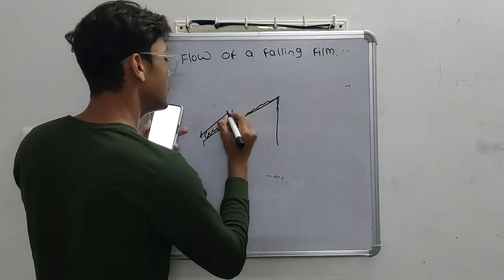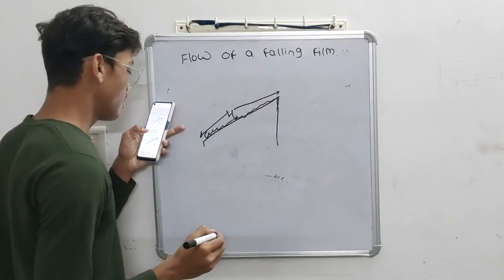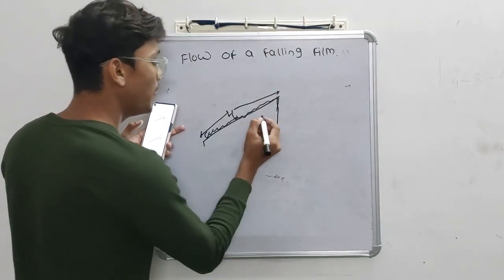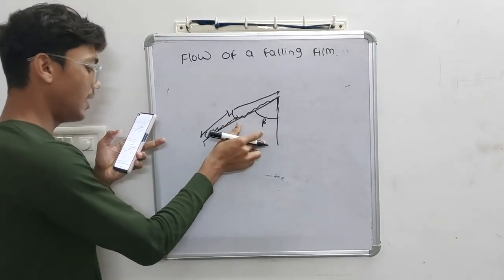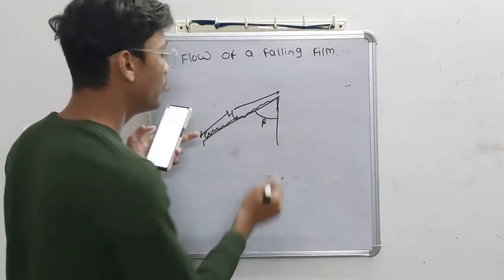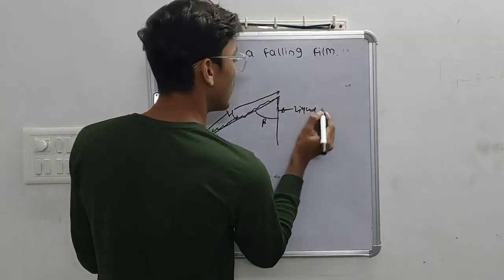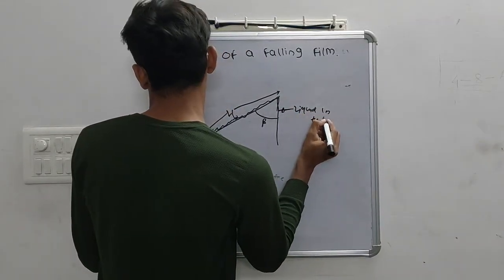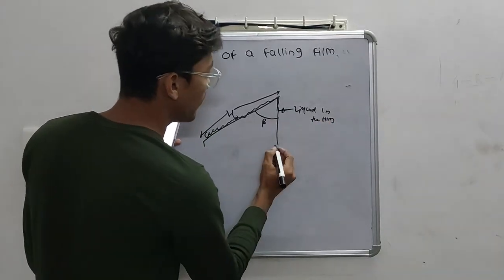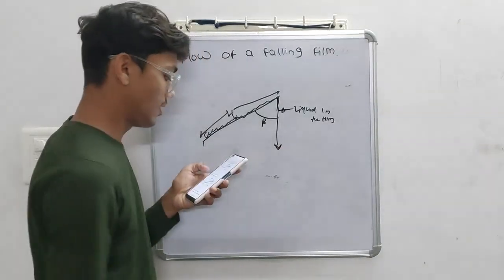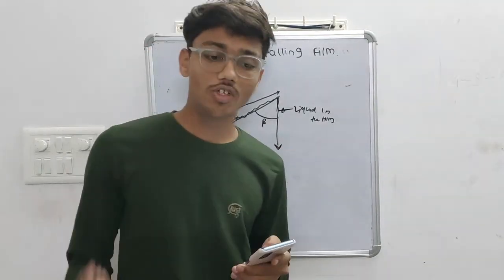The distance is L from here to there, and beta is the angle of inclination. There is a thin flow of liquid in the film, and the direction of gravity is downwards. So we tackle this question using the Navier-Stokes equation.